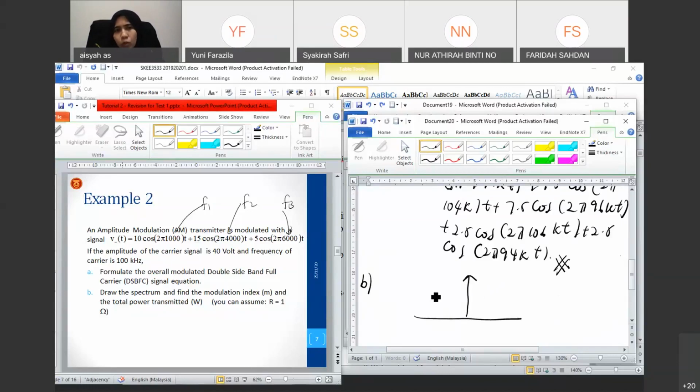But for this one, because the second part is about the spectrum, you need to expand it.